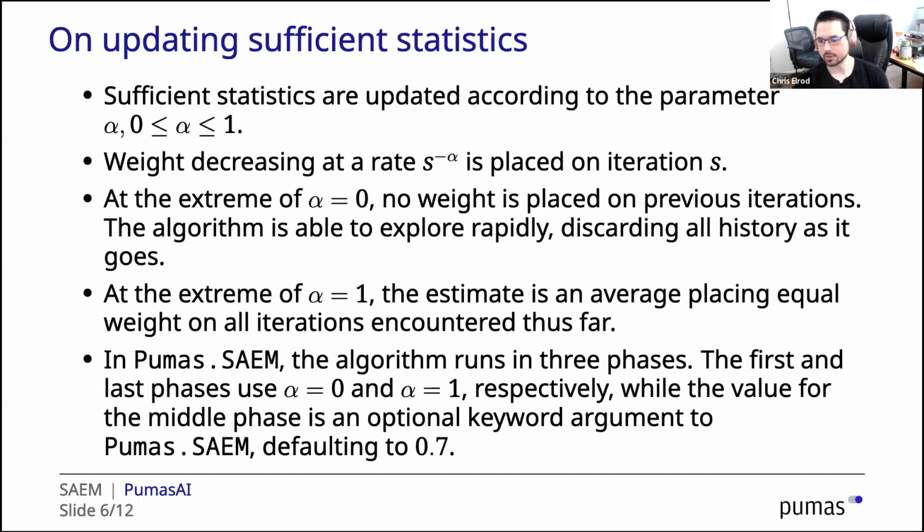And then we transition to a step with alpha of 0.7, where it begins to converge towards, and keep the history starting from there towards the true mode, before finally trying to smooth out by placing even weight on all of the iterations.